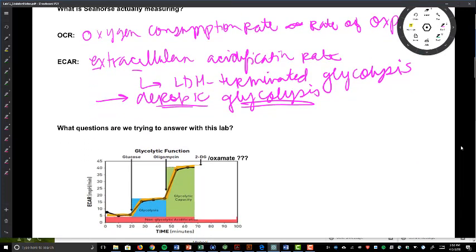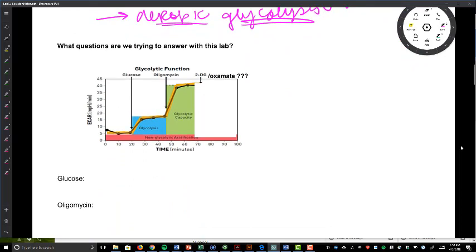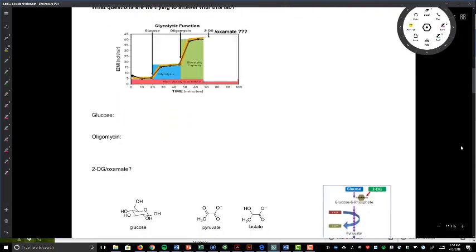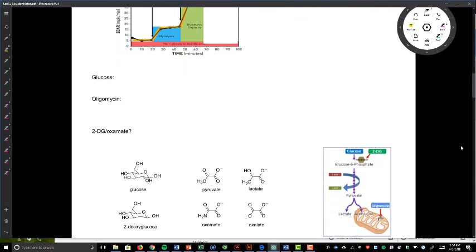So now that we've gotten that out of the way, what are the questions that we are trying to answer with this lab? We're looking at two inhibitors. If we zoom out a little bit here, we're looking at glycolysis inhibitors. Glucose is not an inhibitor.